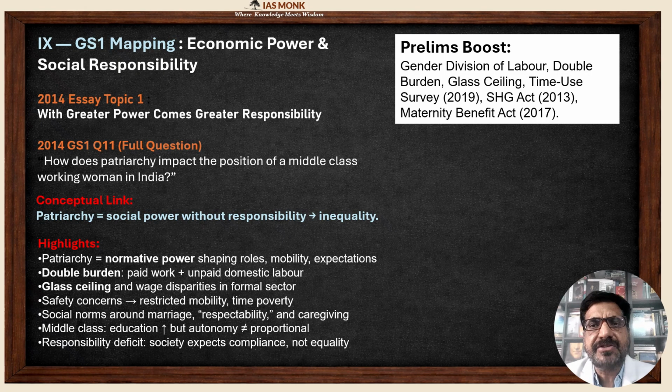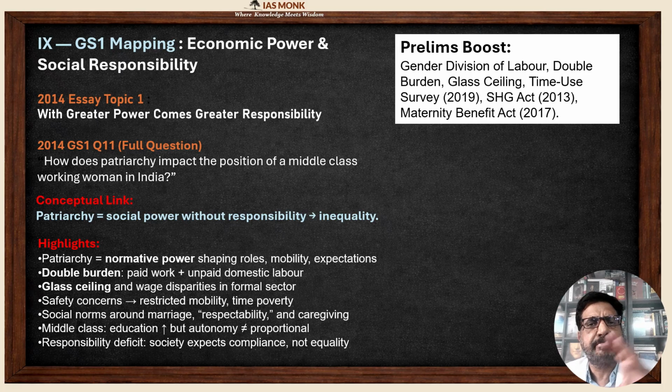For a middle class working woman, this power often functions without corresponding responsibility toward equality, dignity, or shared domestic labor. Even as education and employment expand her public role, patriarchal norms continue to assign her the primary responsibility for caregiving, household work, and emotional labor.